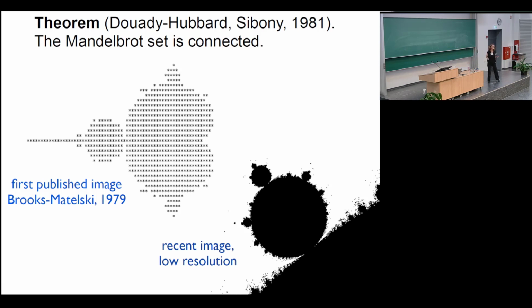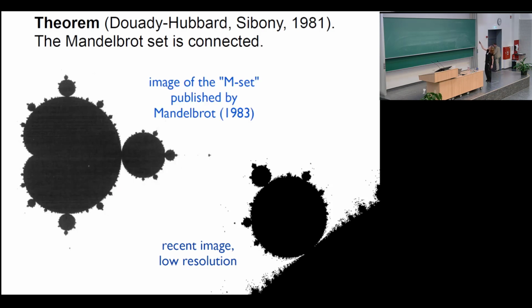Certainly at the time, with my computer, just for fun, I hope you can see the dots all around the Mandelbrot set. I set it to produce an image with low resolution, and you get a piece of the Mandelbrot set with lots and lots of dust around it. So it's very hard to say why people would even think that it was connected when you see all this scattered dust.